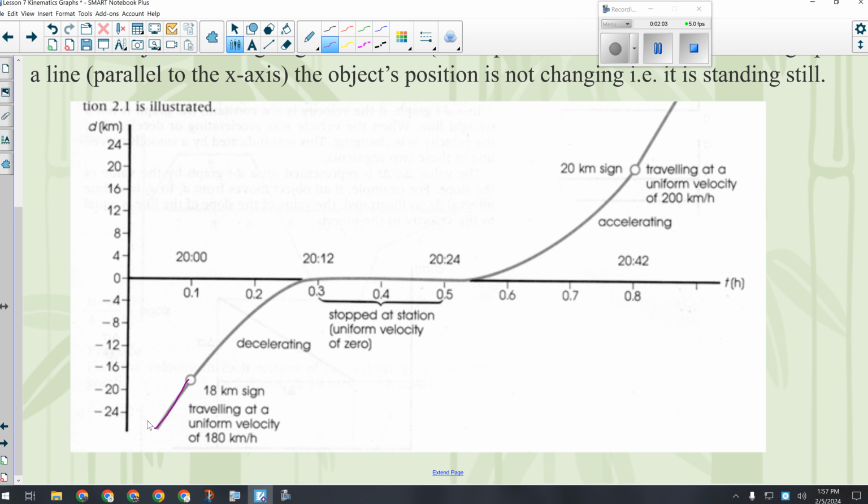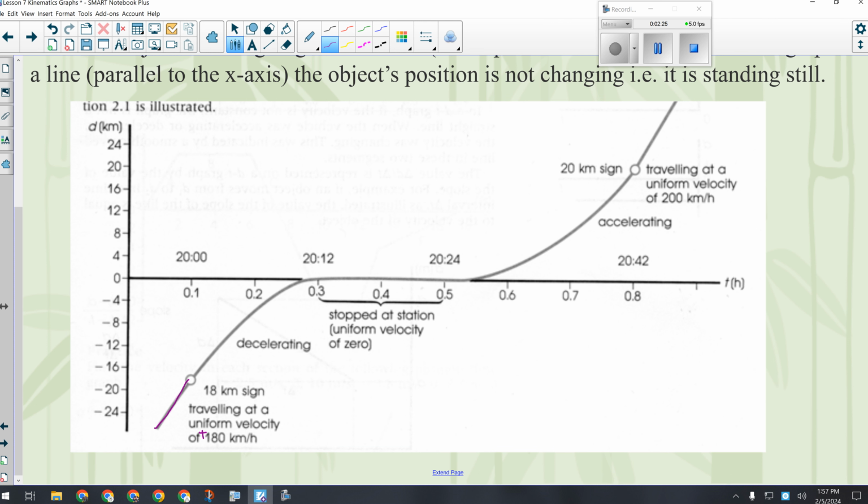If that's a uniform velocity, what are they missing off of that 180 kilometers per hour? Direction. It doesn't really say direction on this graph, and it really should. All it's got here is negative and positive. So we should probably put a positive beside that.